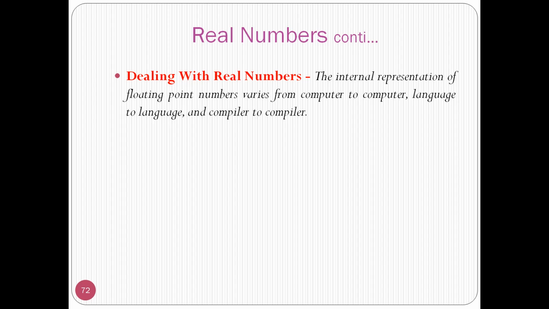Next is dealing with the real numbers. What are real numbers? If we consider the international representation of floating point numbers, it varies from computer to computer, from language to language, and depending on the compiler also the real numbers are going to be different.